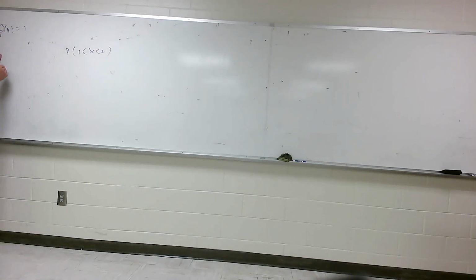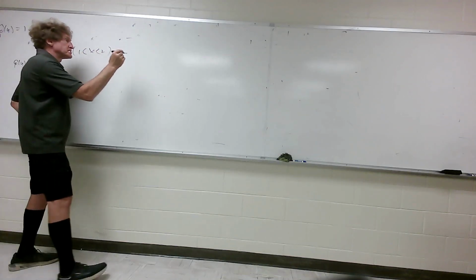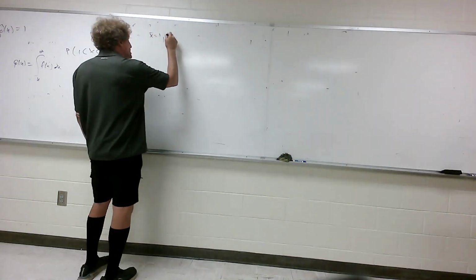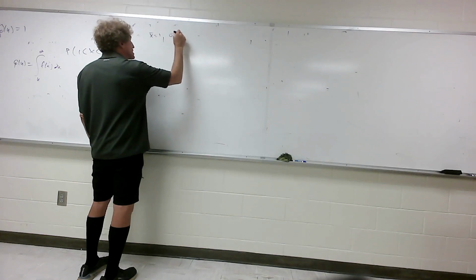What I'm going to do is first, I know that Q of u is equal to the integral from u to infinity of f of u du. I think everybody understands that. Now I need u, and the mean value was 1, the standard deviation was 2.